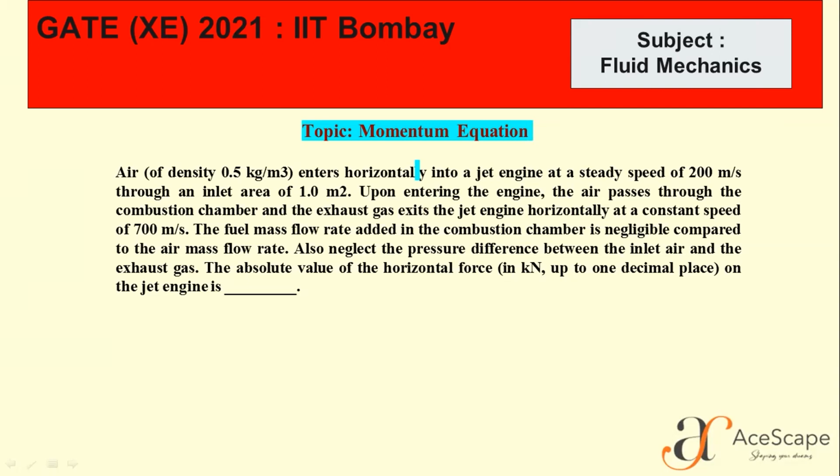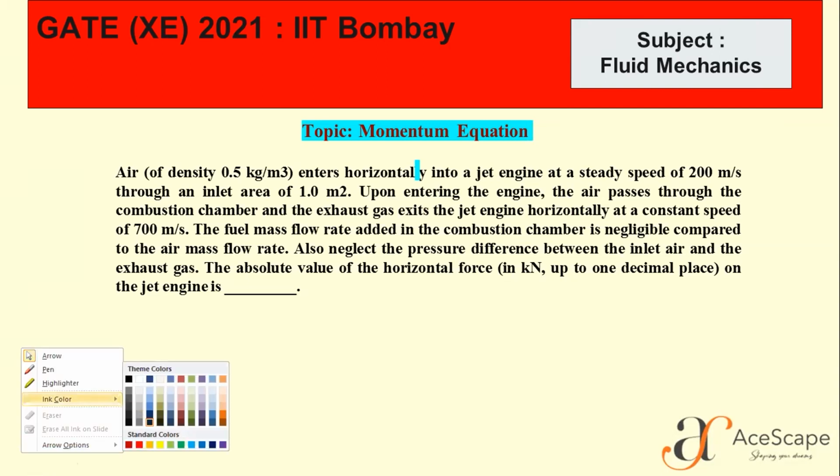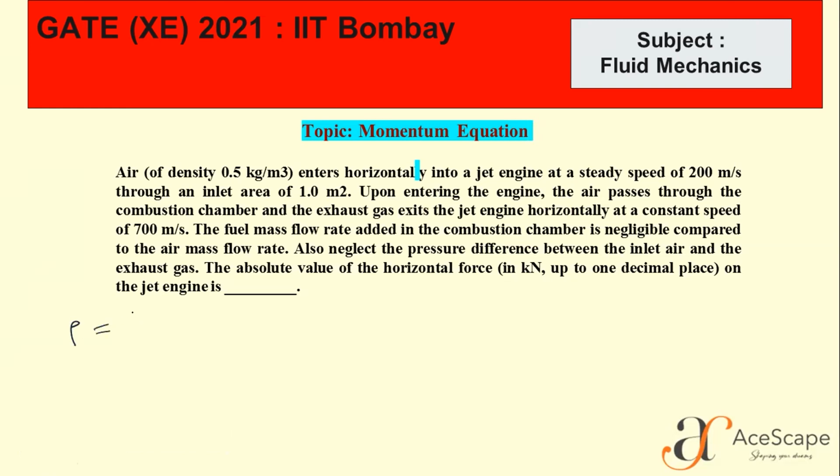Just let me write it. Rho is given 0.5 kg per meter cube. The inlet area, I know this is 1 meter square. This is a jet engine. Inlet, outlet.